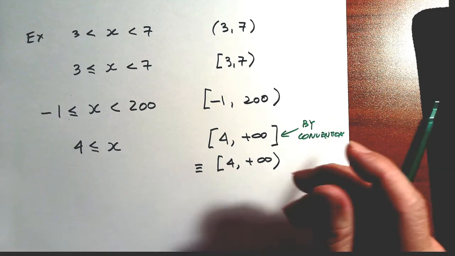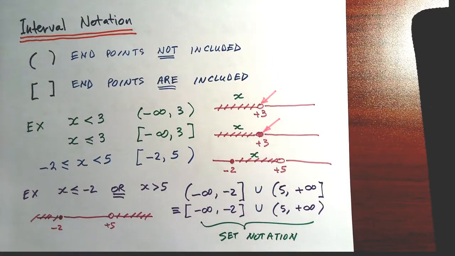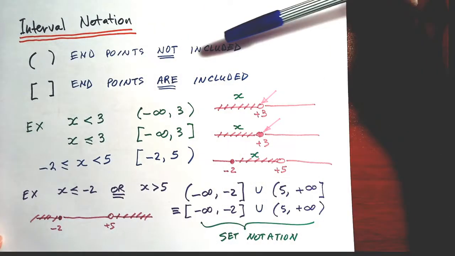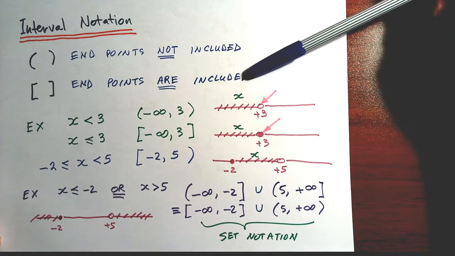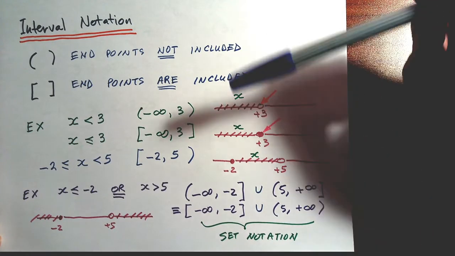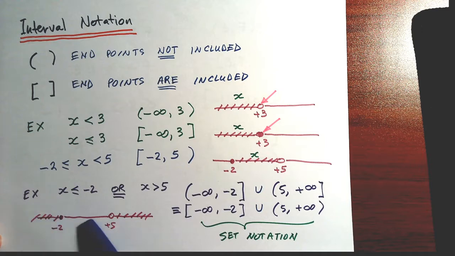So to summarize, we have interval notation, where the round brackets mean that the endpoints are not included, and the square brackets mean the endpoints are included. And whenever there's a gap in between, you have to union the two sets if you want to include both sets.